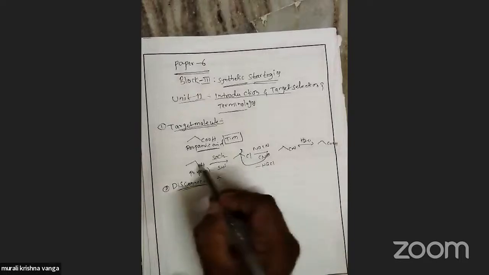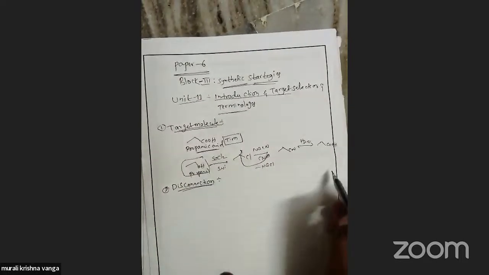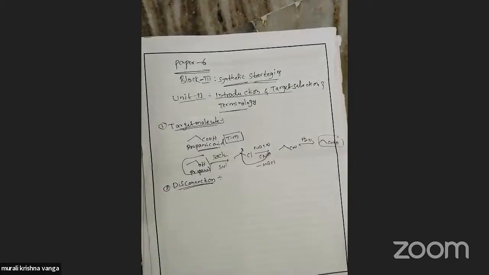Going from propanol to propanoic acid is a synthesis. The reverse is retrosynthesis, or synthetic strategy.